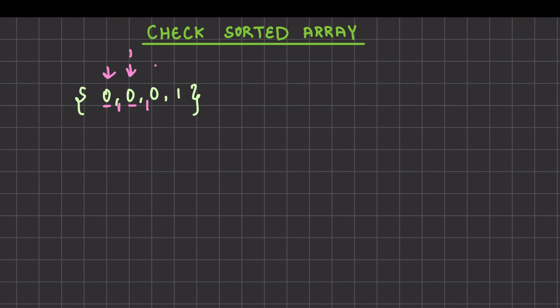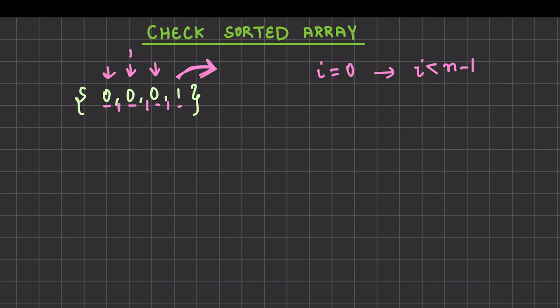Now again you will move on to the next index, and you are going to compare it to the next number. You can see that 0 is smaller than the next element, which is 1. So that means that the array is sorted till this number. Then you don't have to run any checks further, right? There is no next element. So you are going to run a loop from i equal to 0 and go on till i is less than n minus 1.